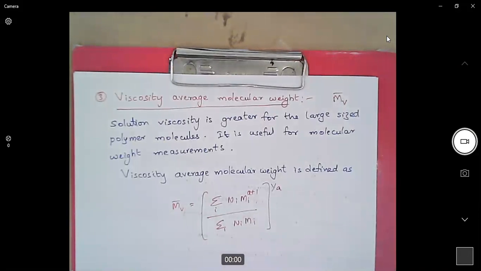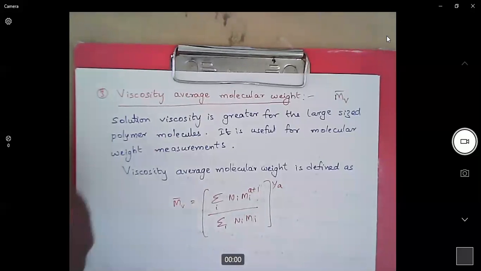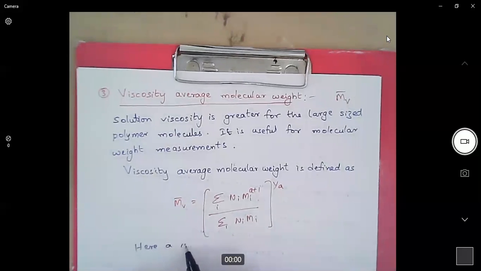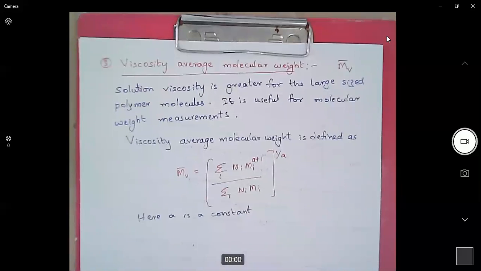This is the formula for viscosity average molecular weight. Here a is a constant, and its values generally range from 0.5 to 0.9.